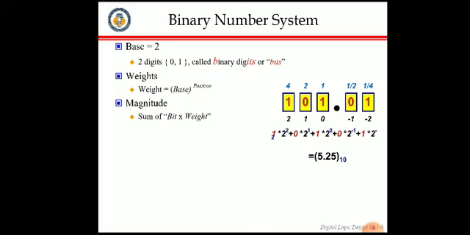So now let us express: 2 power 0 into 1 plus 2 power 1 into 0 plus 2 power 2 into 1. In the fractional part, plus 0 into 2 power minus 1 plus 1 into 2 power minus 2. So after simplification, we will get the magnitude of this number, 5.25 in decimal.